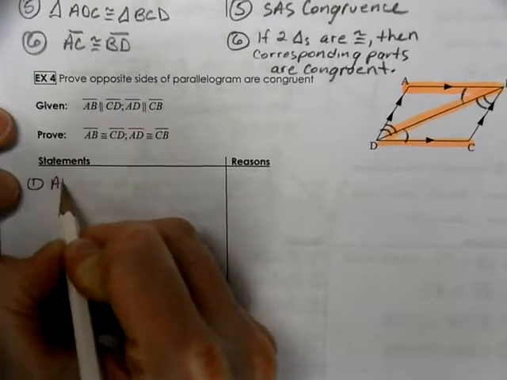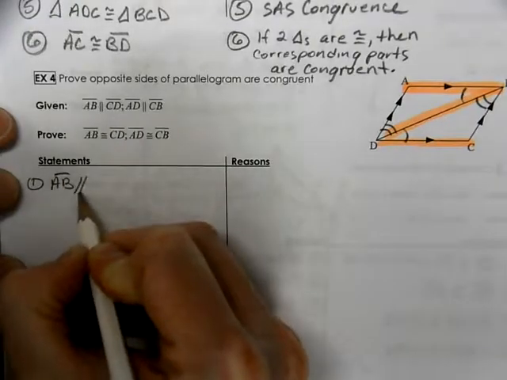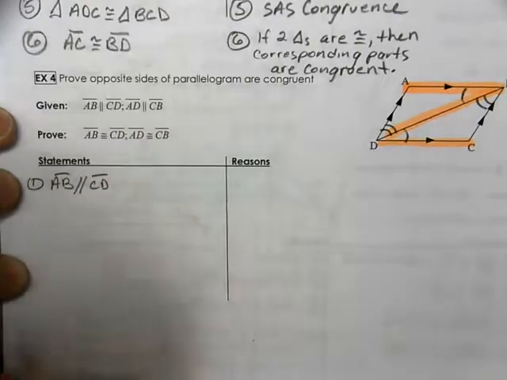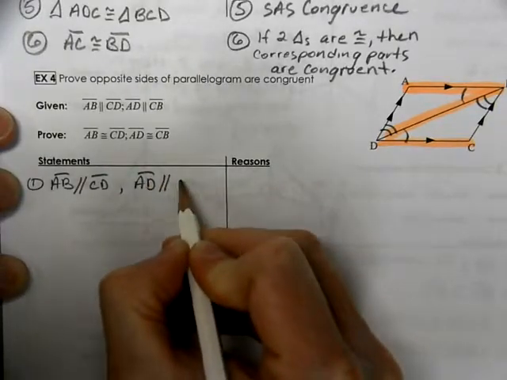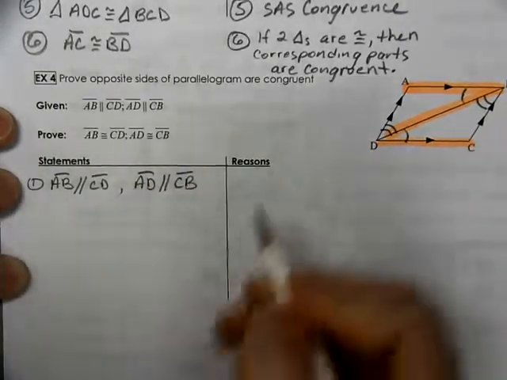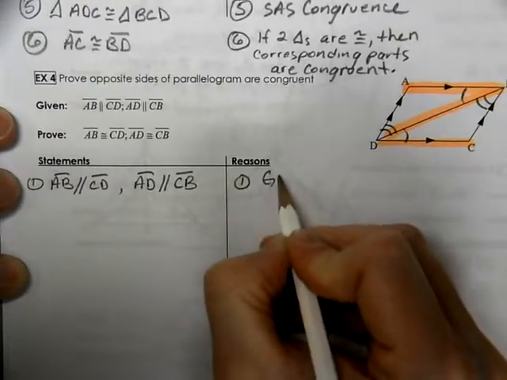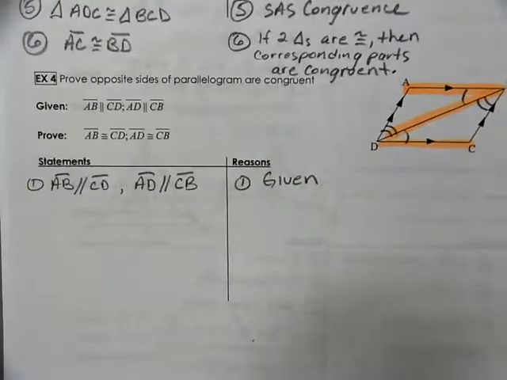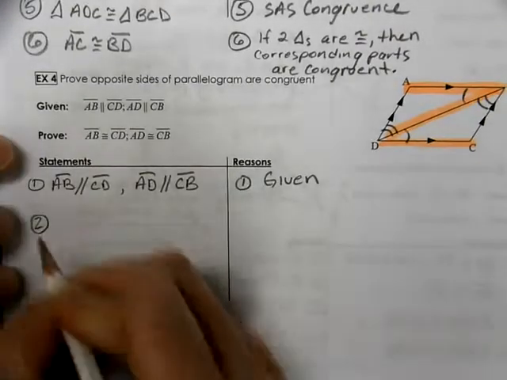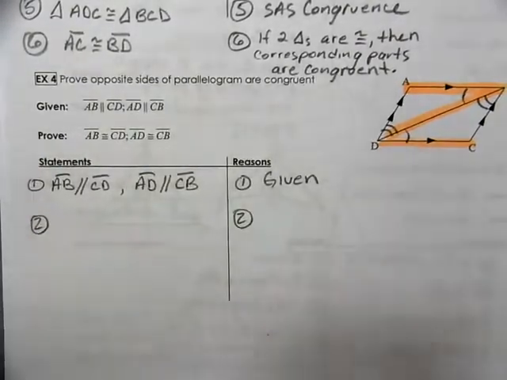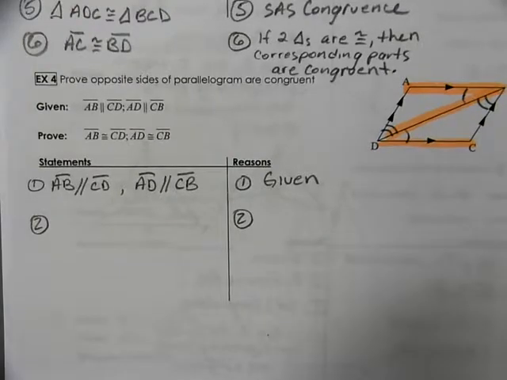Number 1, AB is parallel to CD. We also know that AD is parallel to CB. That's the given. Okay, once we have parallel lines, what are we supposed to talk about next?